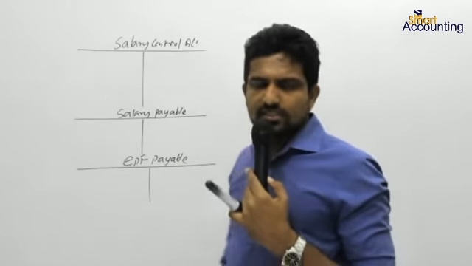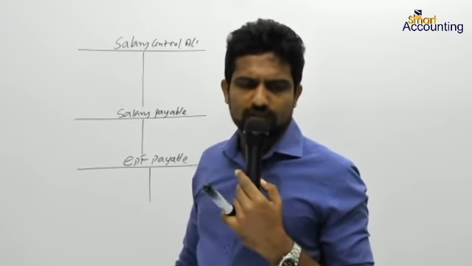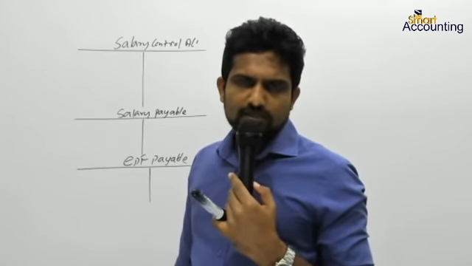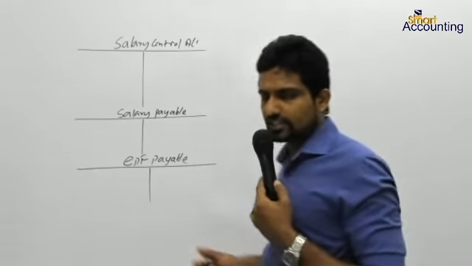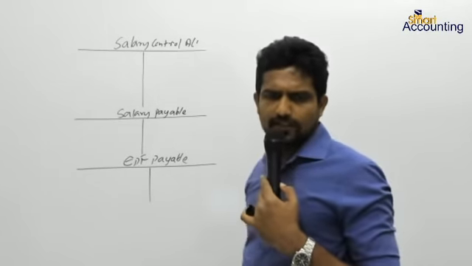The basic salary is 7,000 plus 400 is 7,400. I am calculating the net salary of the last month. Thus, 7,400 is the gross salary.